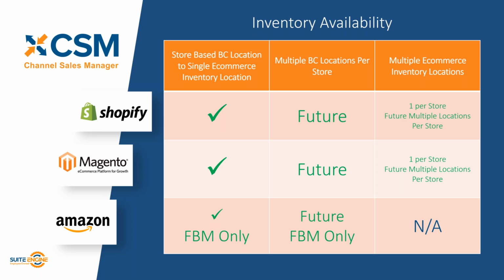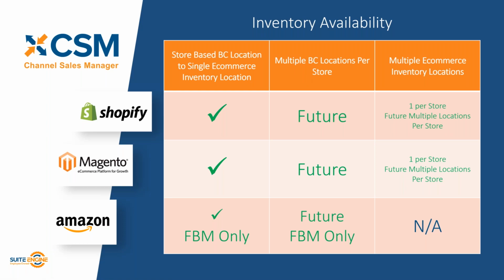And Shopify, both Shopify and Magento 2 have the capability for them to keep track of what's in multiple inventory locations. We have done some customizations for clients where we're able to aggregate multiple Business Central locations to feed up to Shopify or Magento or even Amazon for FBM.